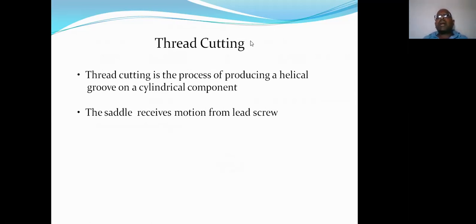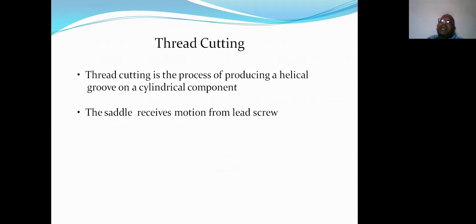But in this thread cutting operation, it is not possible to provide the feeding to the cutting tool by a manual or hand system. It is compulsory to provide the motion to the cutting tool by the power screw only. How does that power screw receive motion? By using the lead screw and half nut mechanism. So in this, the saddle receives motion from the lead screw.